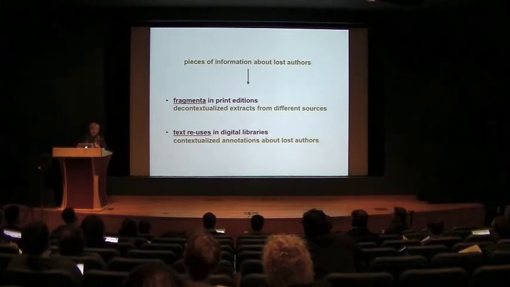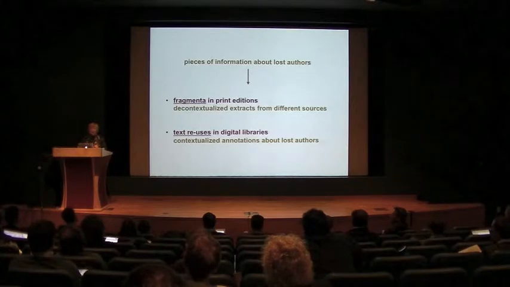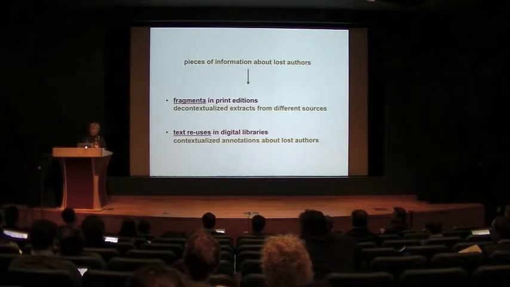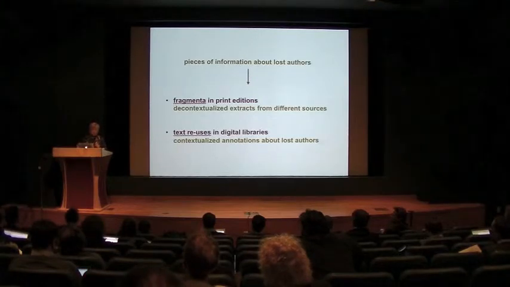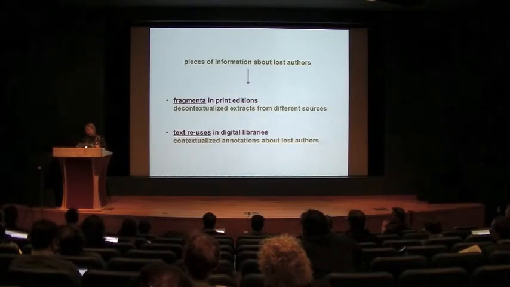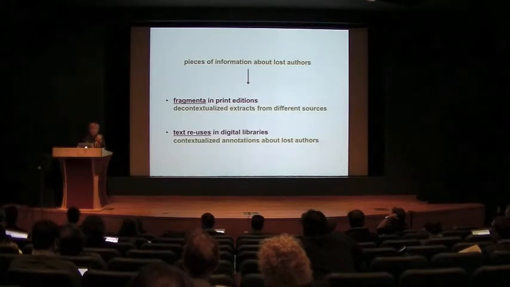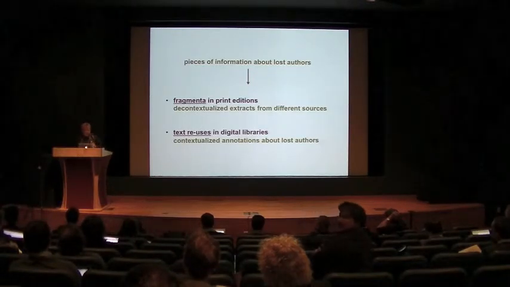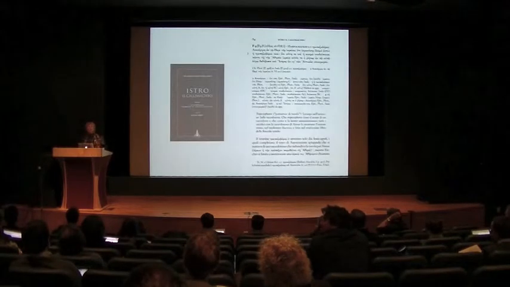And today I'm going to present a visualization of a digital collection of text reuses of lost works developed by the Perseus Digital Library. And the model of this visualization, which is being developed with the help of Bridget Almas, the lead software developer of the Perseus project, is a print edition.